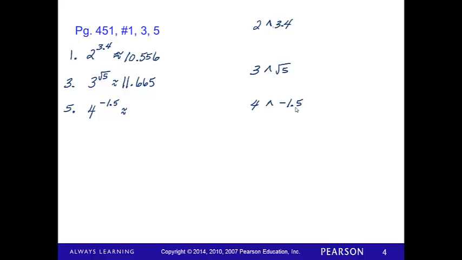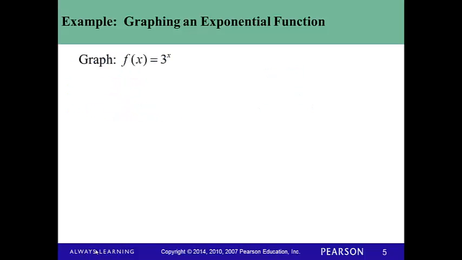One second, trying to do this with my calculator. 4 raised to the negative 1.5. My calculator is telling me it's 0.125. Let me verify that. And yes. Alright, so let's keep going.